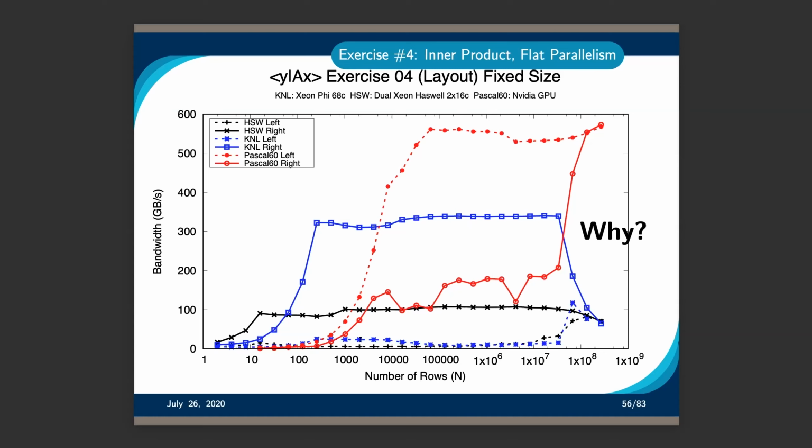At its worst point, if you look at the exact numbers, it's something like 30 or 40x or so. It's only about 5x or 4x for the GPU. So it's actually more important on the CPU to get the correct layout. But the interesting part is that the GPU wants layout left and the CPU type architectures want layout right. Okay. And the question is why? Okay, next slide.